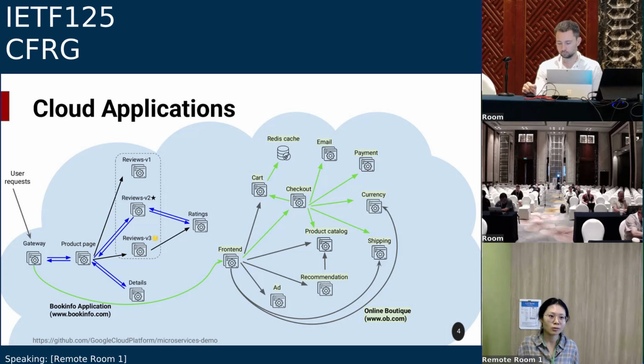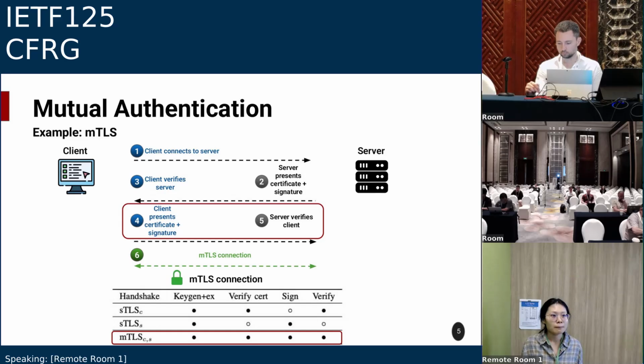They come and go, and they open many new connections very frequently, and each connection requires authentication. In the cloud, mutual authentication is mandatory, where both parties need to do signing and verification. It doubles the authentication cost, especially compared to the open internet, where only the server is authenticated.